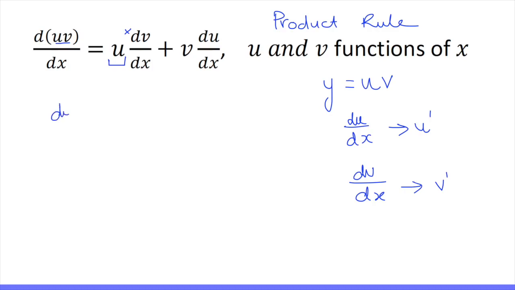So in general, what we can say is that the derivative of a function y, so dy by dx, is equal to the function u times v dash plus u dash times v. So it's quite easy to remember. It doesn't really matter what order you do it in because they're being added. As long as they're being multiplied, one of them is the derivative while the other one is the original function.